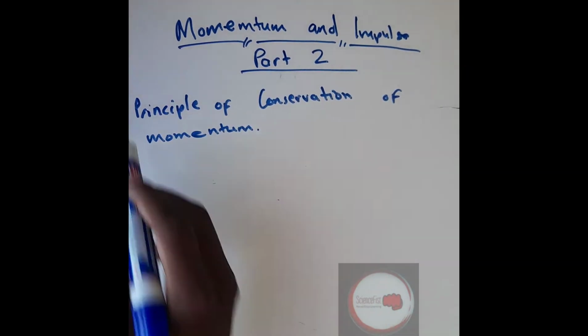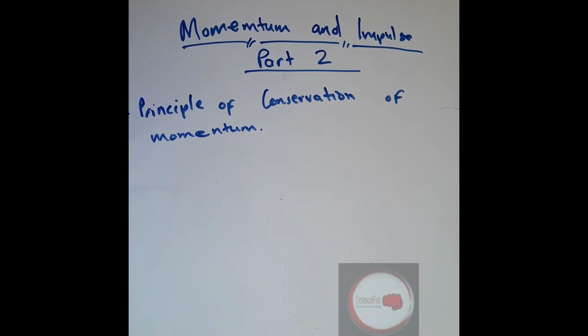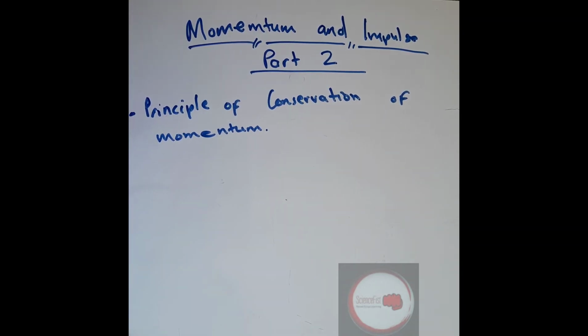Okay, so now moving on to the principle of conservation of momentum. What this actually means is that the momentum is conserved, meaning that whatever happens before the collision and after the collision, the momentum remains the same.